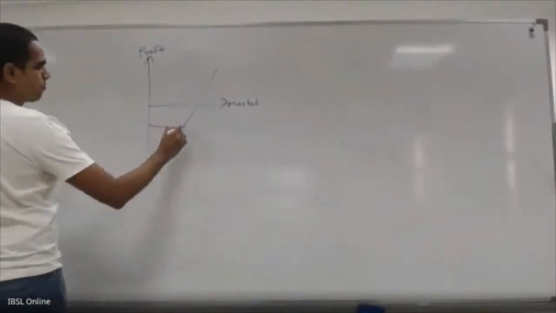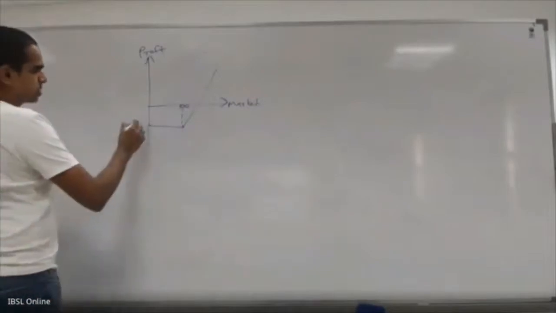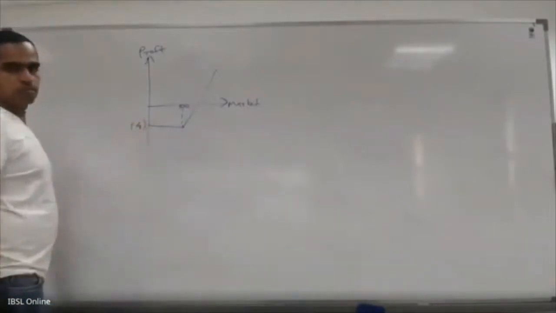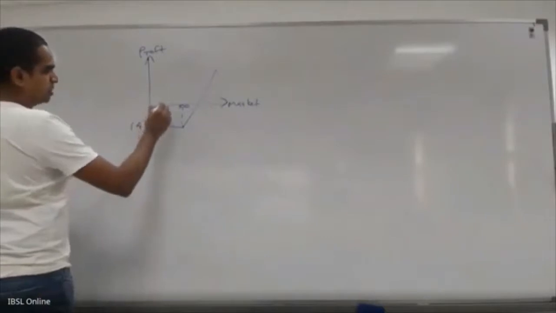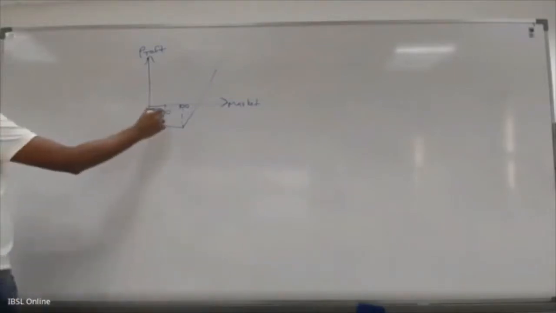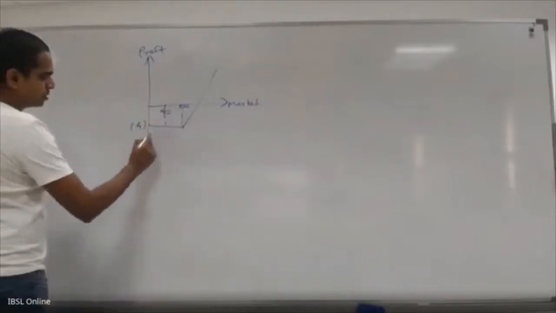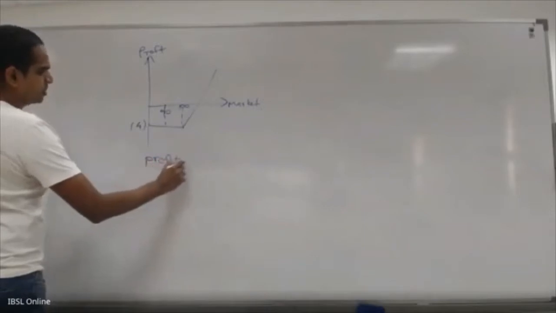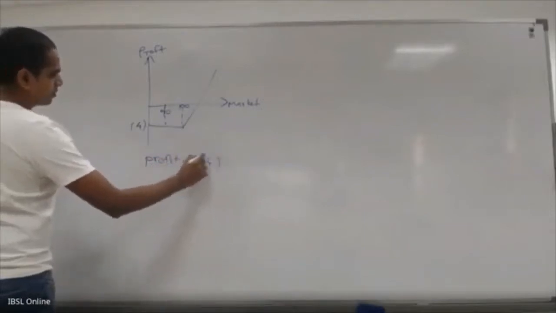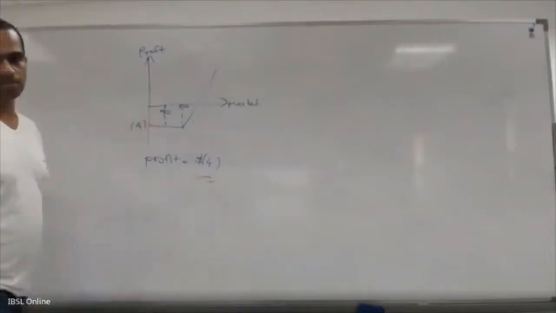Strike 100. Premium 4. And stock price is 90. Okay, so at 90, the call option is out of the money, meaning you will lose your premium. Your profit is negative $4. Because at 90, you lose the premium.